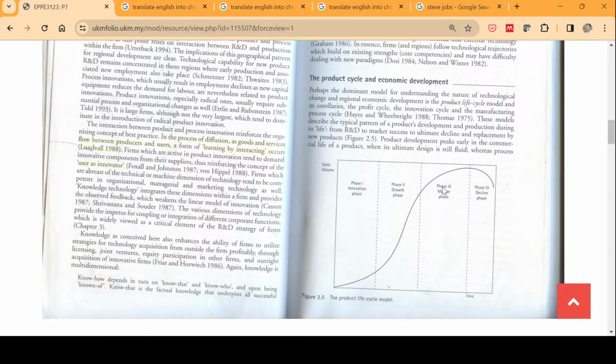You can have 4, 5, or 6 stages depending on how detailed you want to be. But basically it has to be 3, cannot be less than 3. The 3 are: product just introduced, product experiencing growth, and product now maturing.